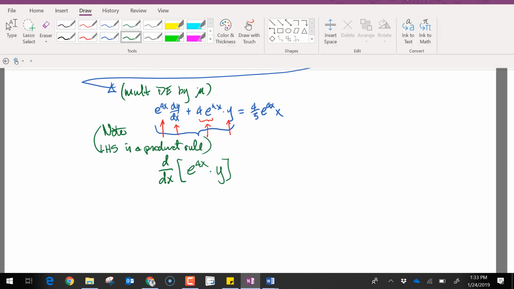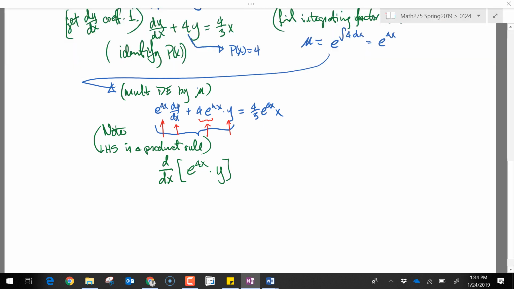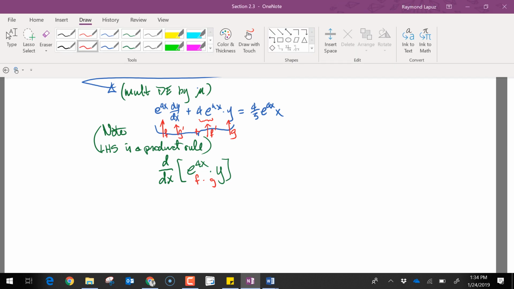If we take e to the 4x and y as f times g, then what we have here is f times g prime plus f prime times g, product rule. And if you did the integrating factor correctly, you're guaranteed that this is going to happen. Okay? So that's the left-hand side. The right-hand side is still the right-hand side. We haven't done anything.